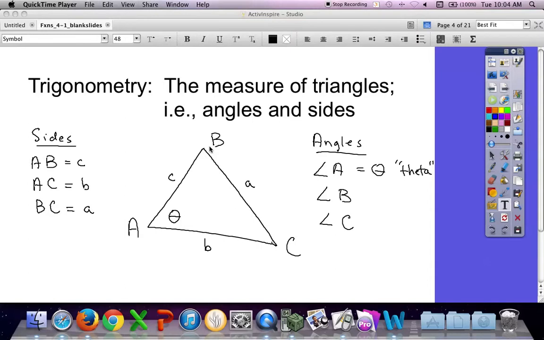Now, a lot of times when you're dealing with trigonometry, you're going to use Greek letters as variables for the angles. Not always. Sometimes they use X. But if you see the Greek letter theta, that's a very common way to show an angle. A variable for an angle, theta. It's the most common one.